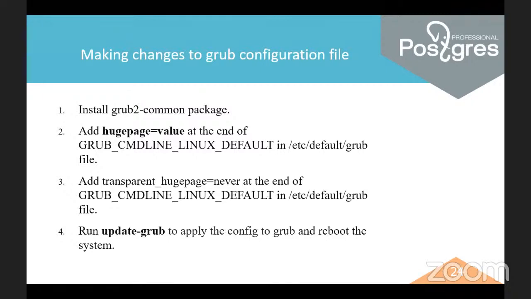Then we should add the huge pages calculated value at the end of the parameter GRUB_CMDLINE_LINUX_DEFAULT in the /etc/default/grub file. The second thing we need to do is to deactivate transparent huge pages. We should place this value at the end of this parameter in the same file. Then we should run update-grub to apply the config, and then we should reboot the system.